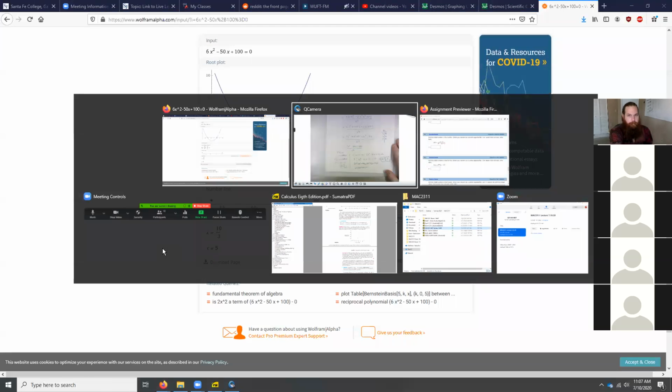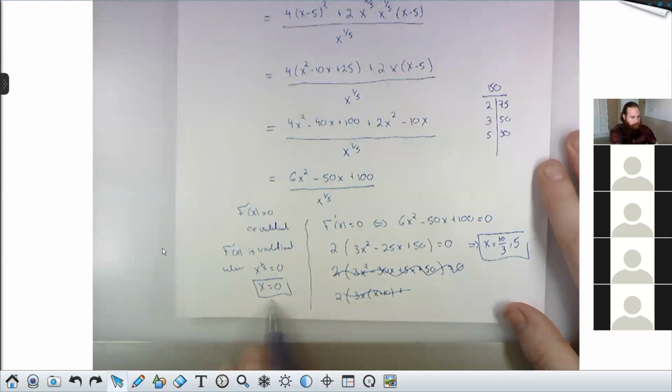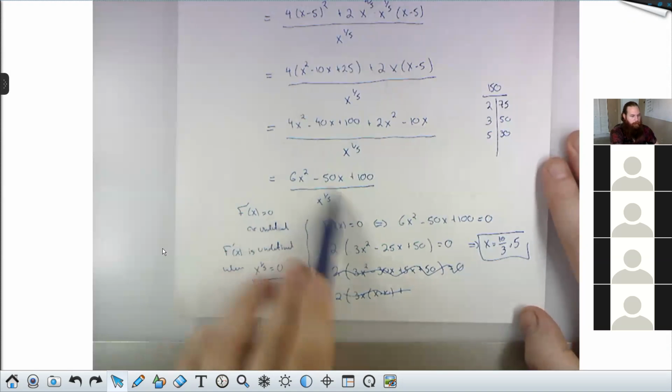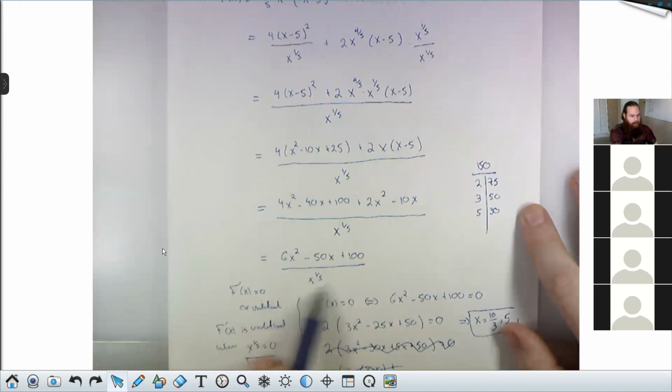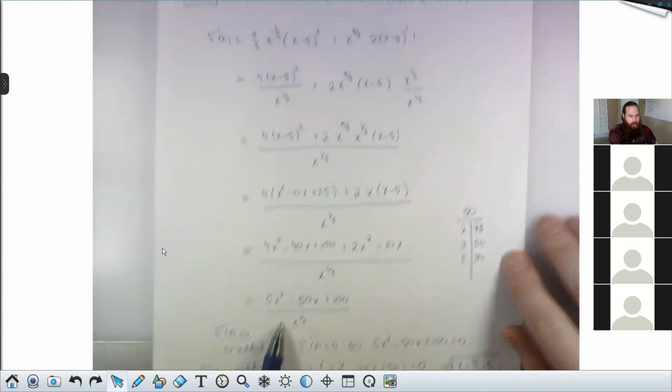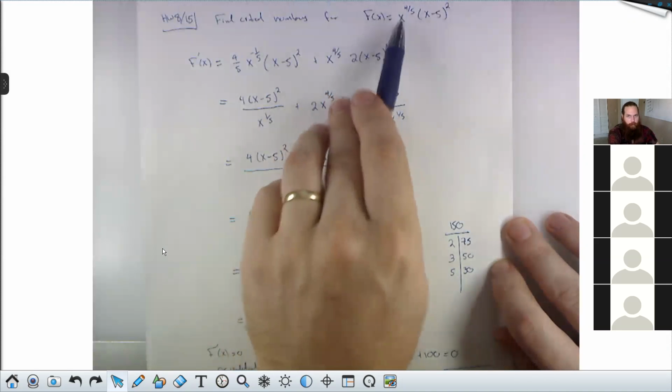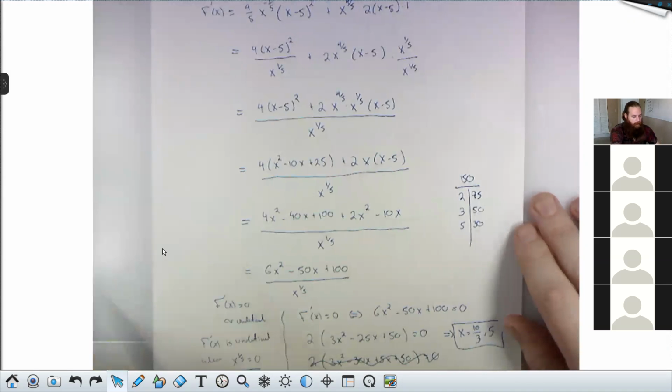Okay, so these are my critical numbers. 0 from setting the bottom equal to 0, and that's okay because the denominator here being 0 does not take me outside the domain of this original function. And then these guys from setting the top equal to 0.